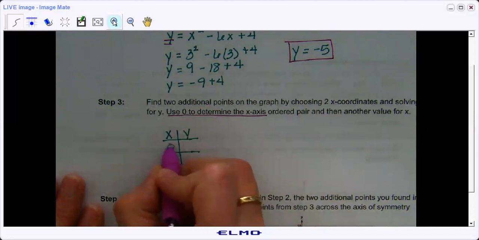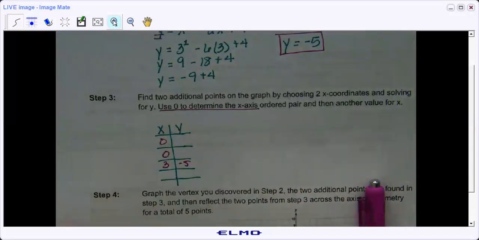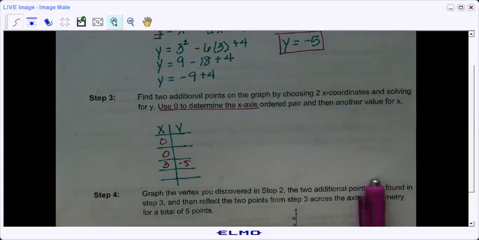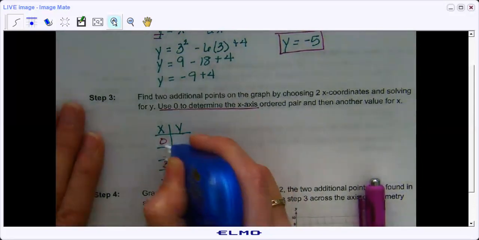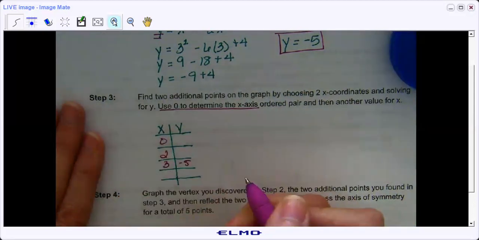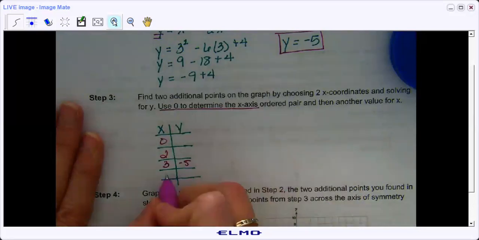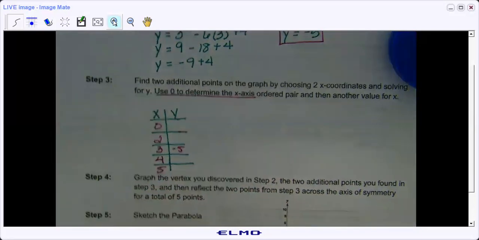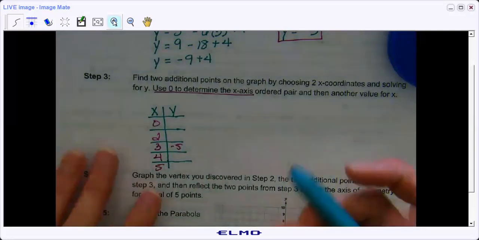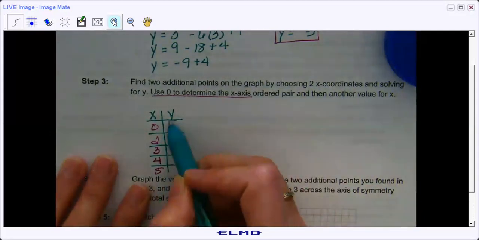And then I'm going to choose 2, and then I'm going to choose 4 and 5. Okay, so 0, 2, 4, and 5. The reason I choose 0 is so that we can get an intercept. So let's go ahead and solve for all of these.